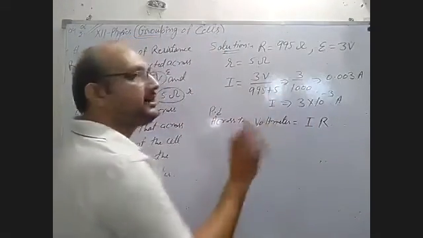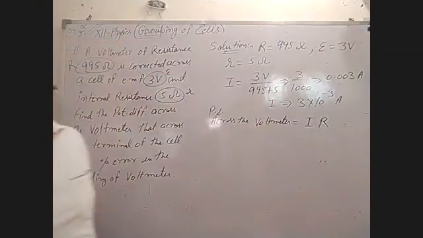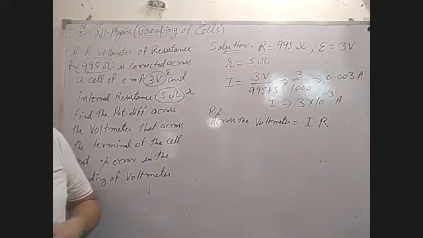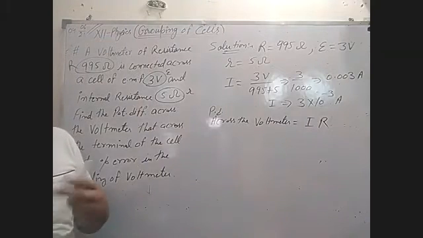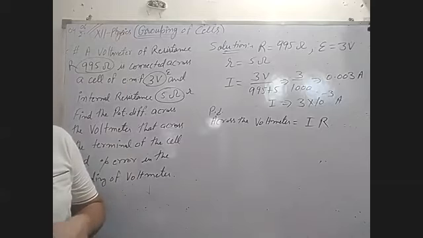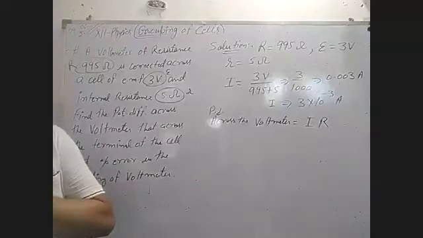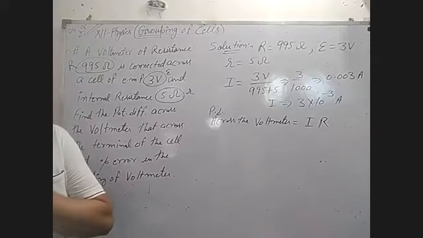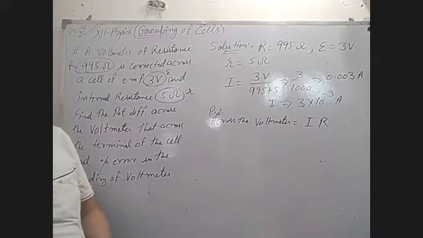You can't take the internal resistance value here, because externally, after drawing the current from the cell, we have to take the value of potential difference.